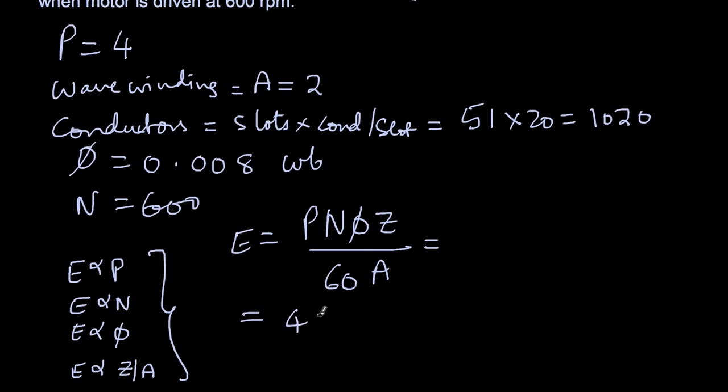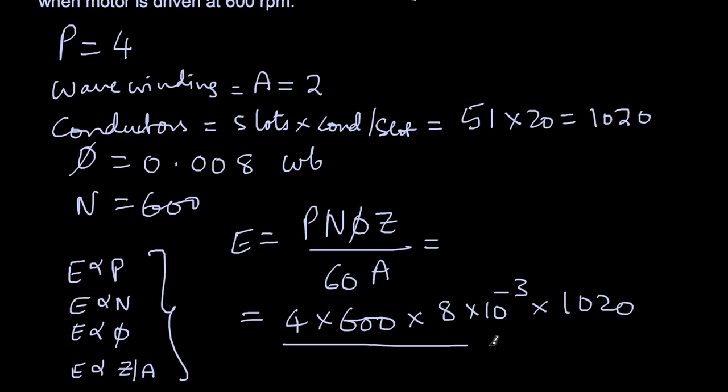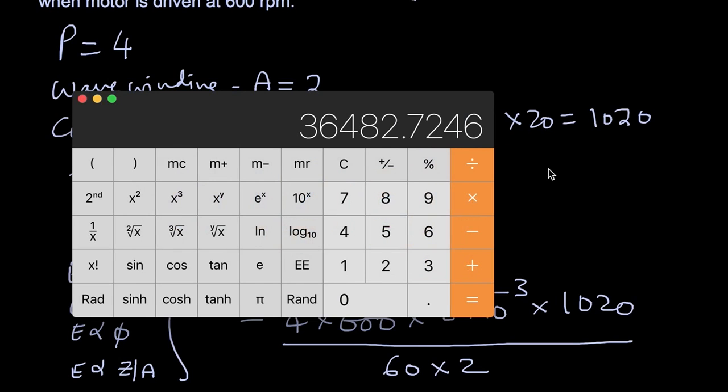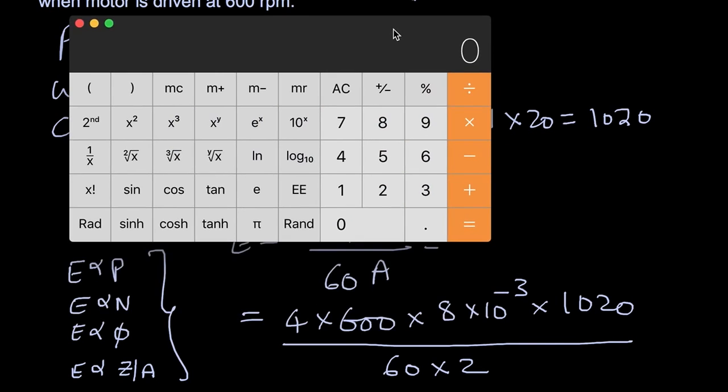So 4 poles, 600 RPM and 8 milliwebers. I can write it like this: 8 milliwebers, 1020 conductors, and 60 into 2. This is what I need to calculate to get the EMF. Let's use the calculator.